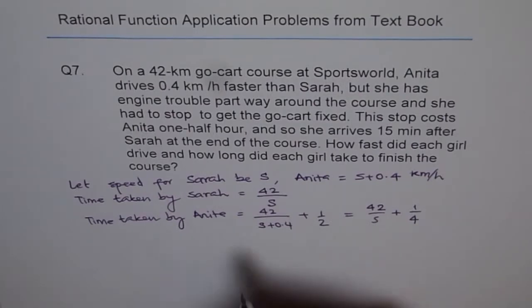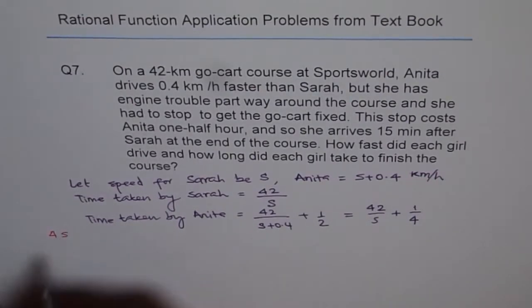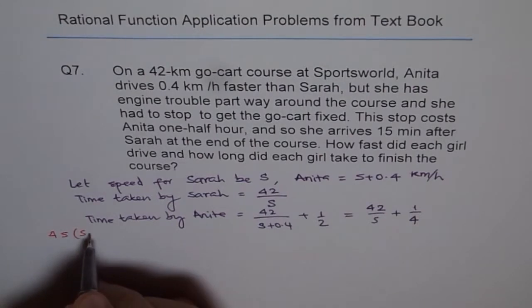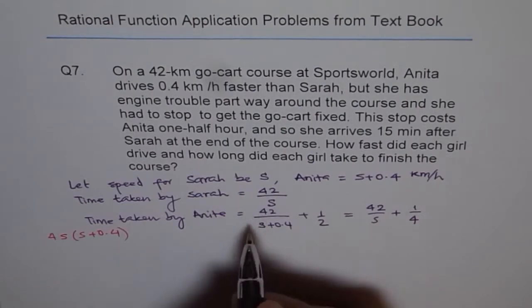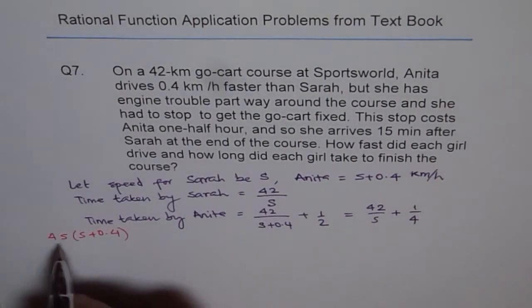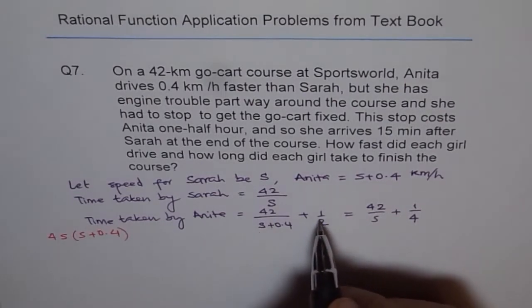So let's do it. We'll multiply both sides by 4s and s plus 0.4, correct? And then write down our expression and calculate from there the value of s, okay? We can also simplify a bit.